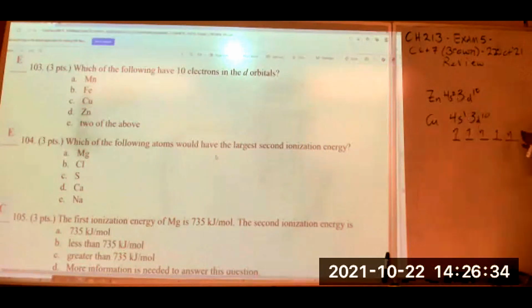Because even half-filled d orbitals are more stable than if you try to pair up an electron there. So that's where the discrepancies lie in the electronic structure of elements. It's when you get to those possibilities for half and complete orbital filling.